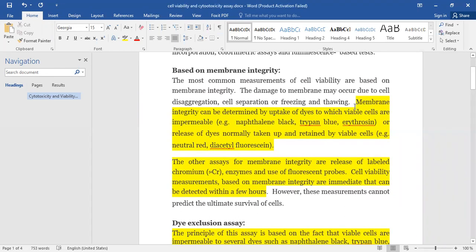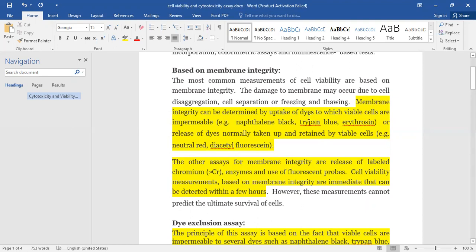So how is the cell membrane integrity tested? It is tested by the uptake of dyes, because some dyes are taken up by the viable cell, and some dyes are impermeable.